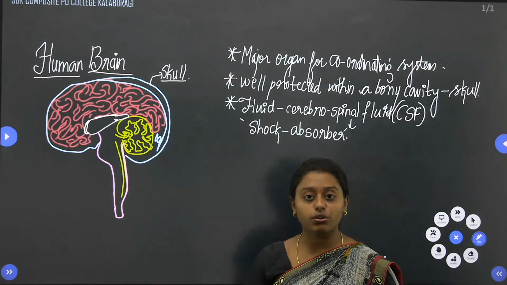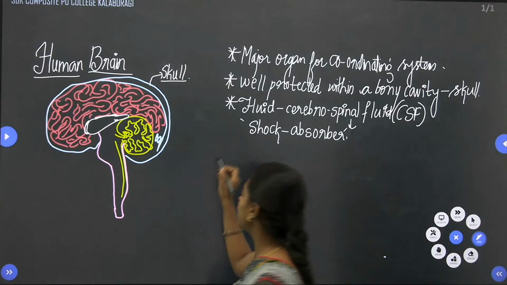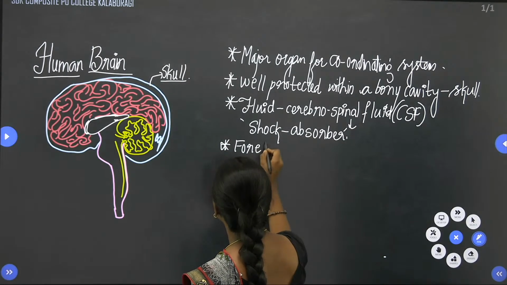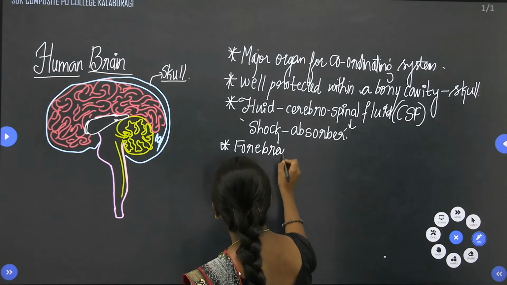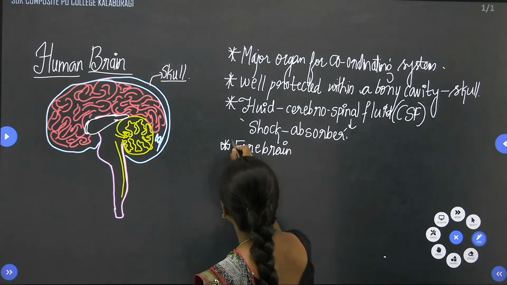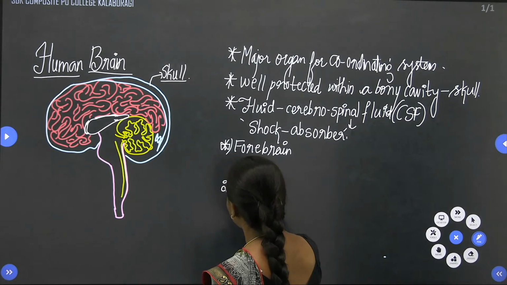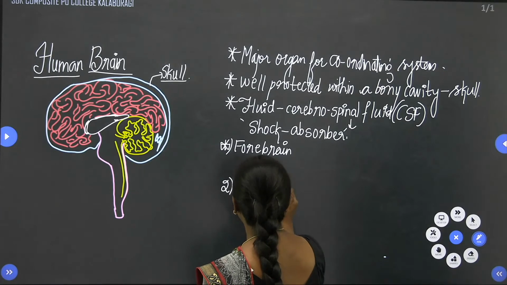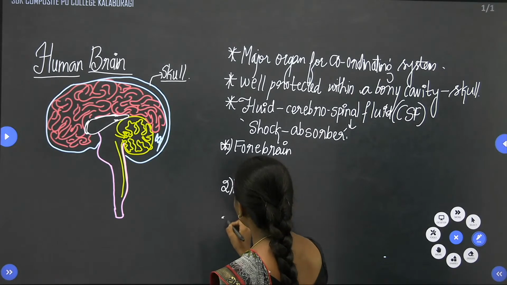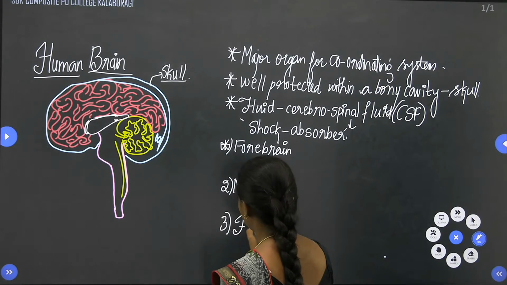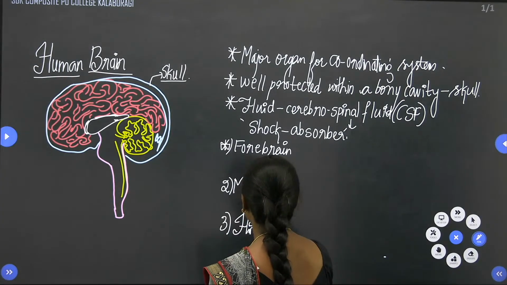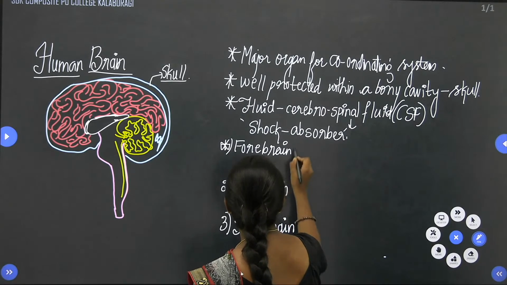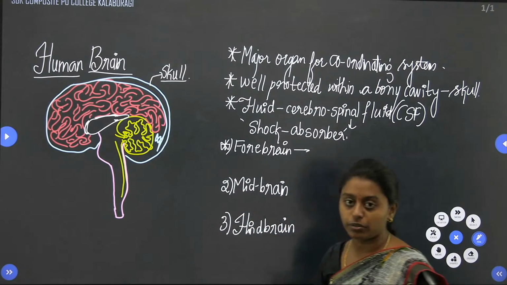Coming to the parts of the human brain, the human brain is divided into three parts: forebrain, midbrain, and the last region called hindbrain. First one is forebrain.